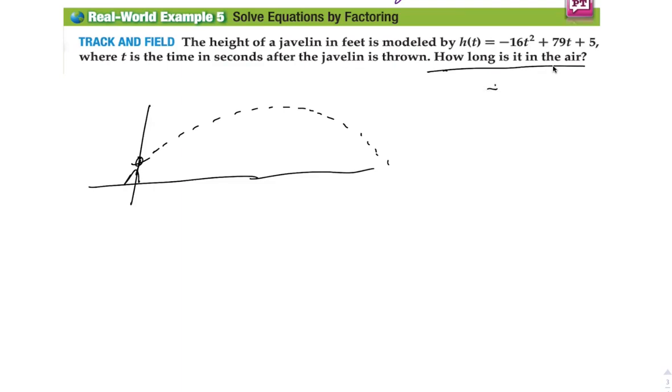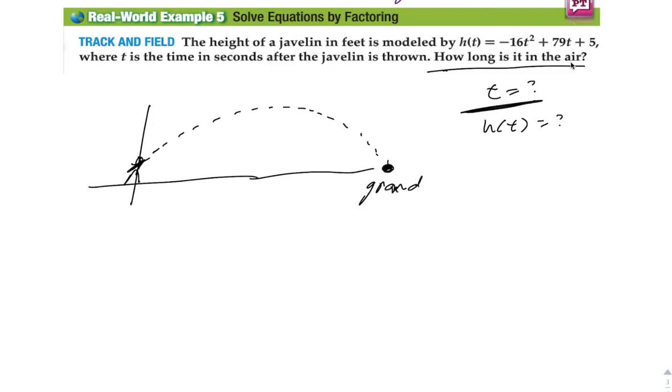So we're trying to figure out what t is, not h of t. Those are my two choices. How long is it in the air? That was a time measurement. So this is the one we're looking for. And I need to figure out what the height is. What am I setting this equal to? Let's look at the question again. How long is it in the air? So that implies from when I start to when it hits the ground.